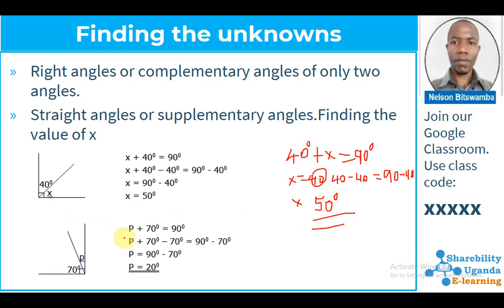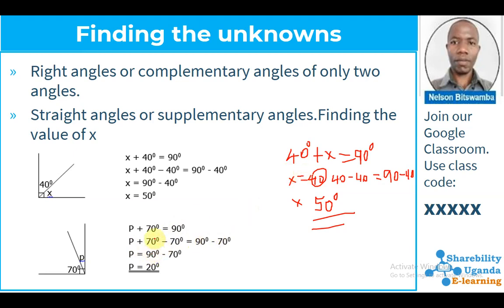Also, when you look at another example given here, this angle of ours also lies in the right angles, where our right angle starts from 0 up to 90. So our p here, which is the unknown, plus the 70 which is given, is equal to 90. We say p plus 70 minus 70 is equal to 90 minus 70.